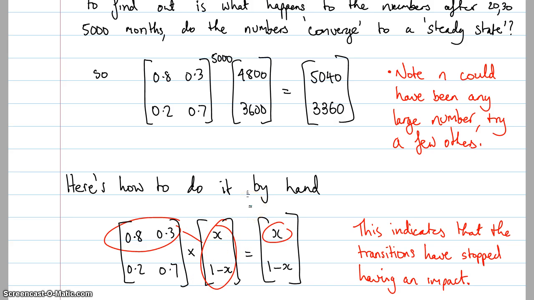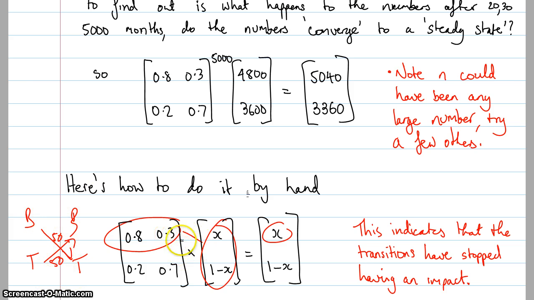After a while, it doesn't matter how many people are switching from the train to the bus and the bus to the train, because it's the same number of people switching each way. Let's say it was 50. If 50 people are going this way down here, then 50 people are also going this way up here. So eventually we get to the same proportions each time.